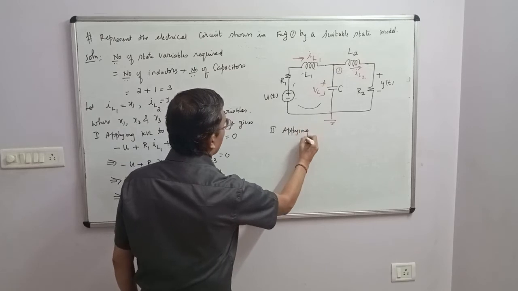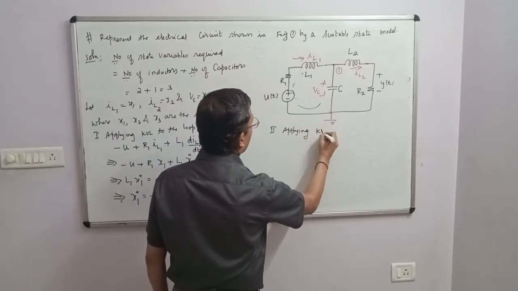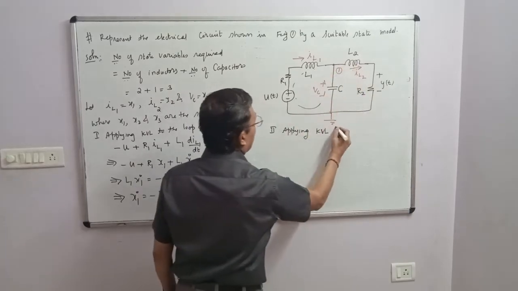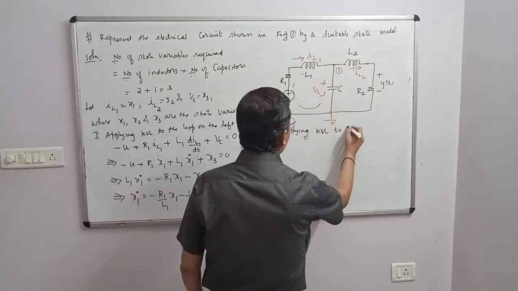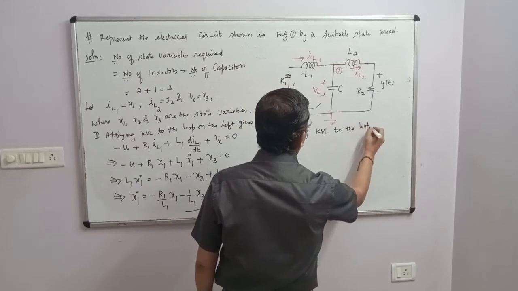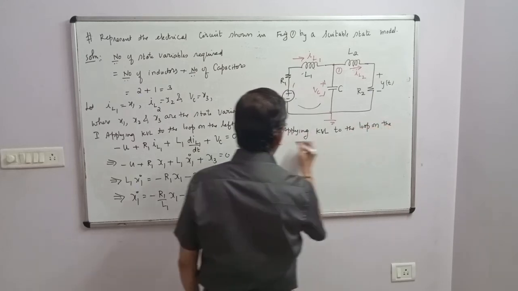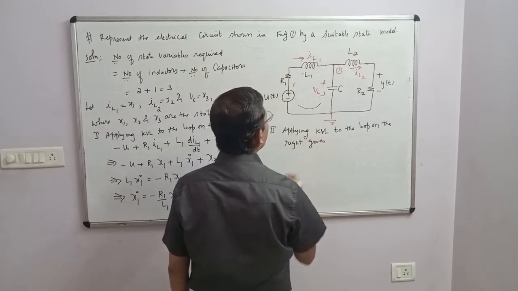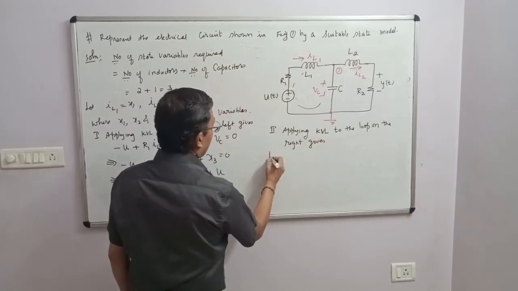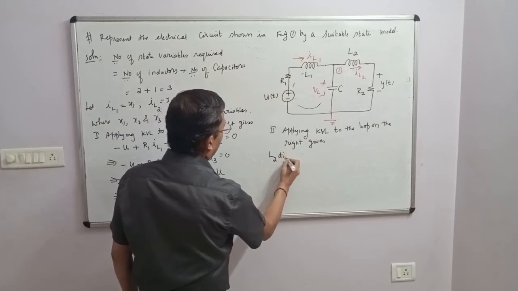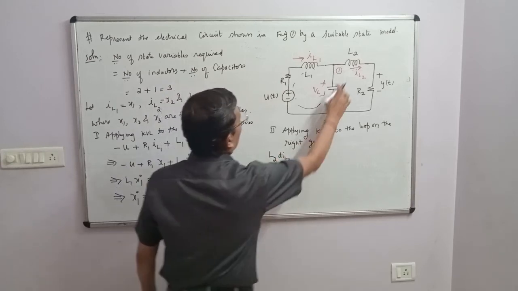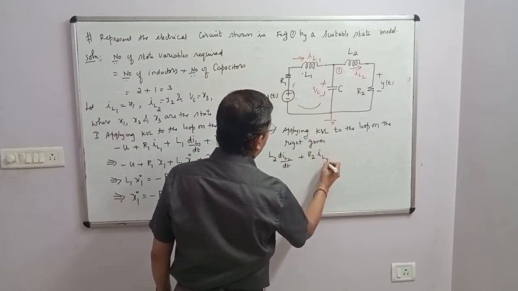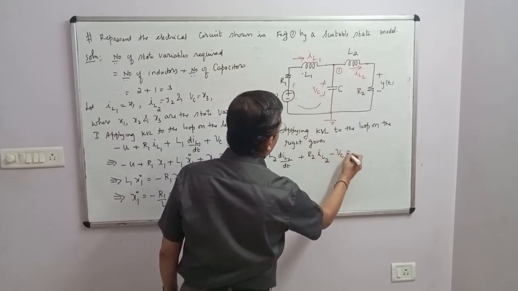Applying KVL to the loop on the right. This is the loop on the right. Applying KVL to the loop on the right gives L2 into dIL2 by dt, voltage drop across this, plus R2 into IL2 minus VC equal to 0.